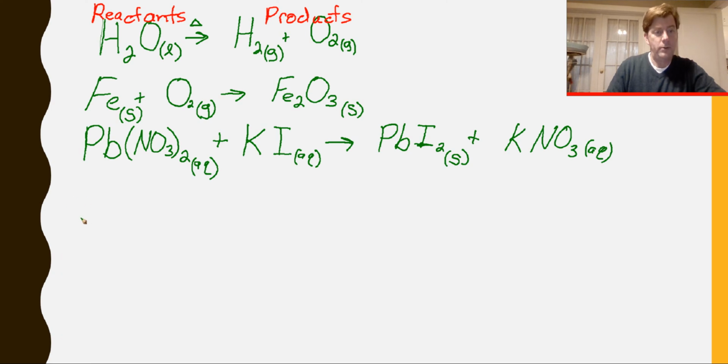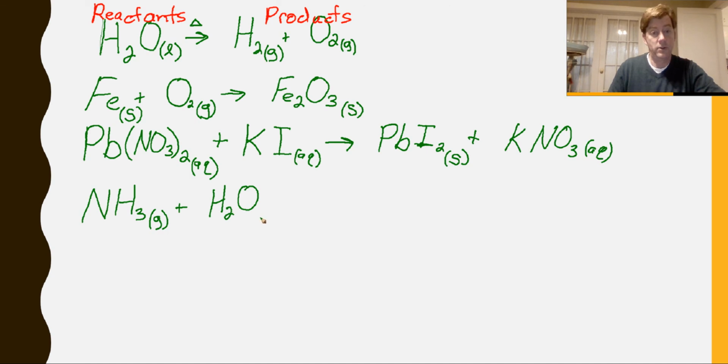One more example. If you have ammonia, it's NH3, and ammonia is a gas. If that meets up with water, it's very soluble in water. So we have liquid water here.